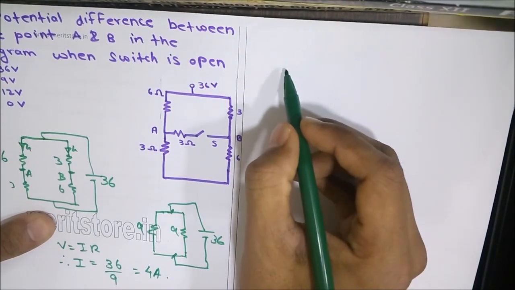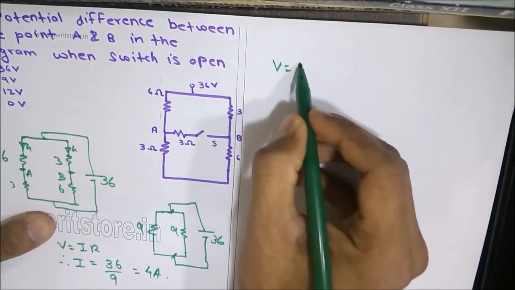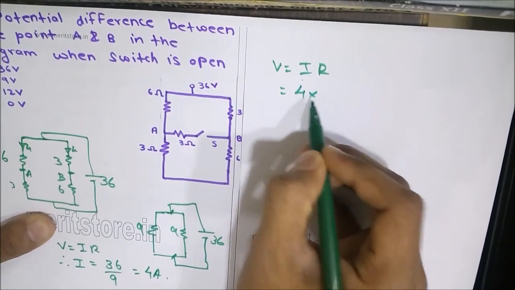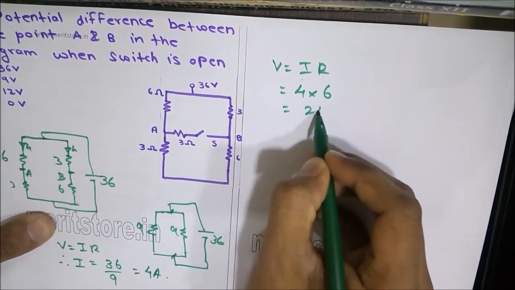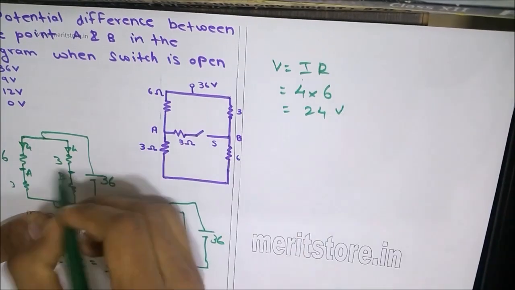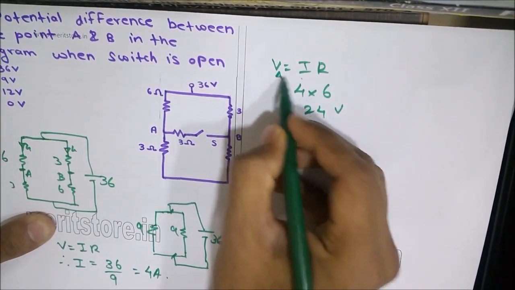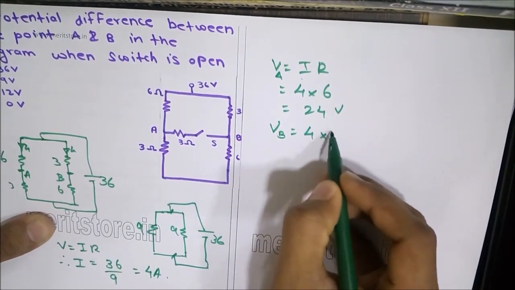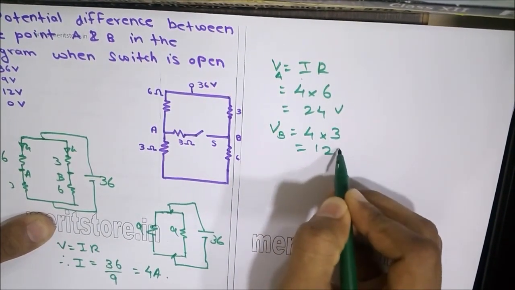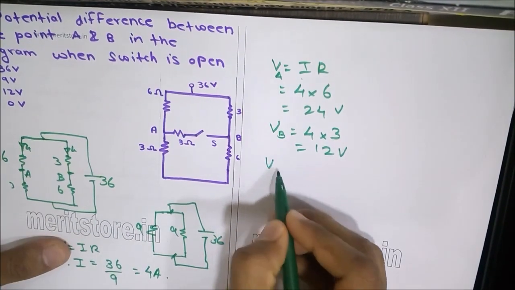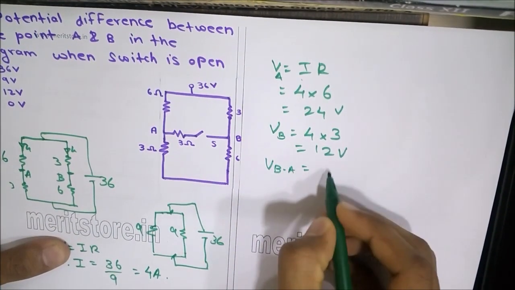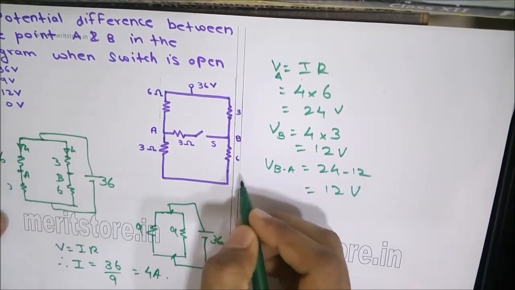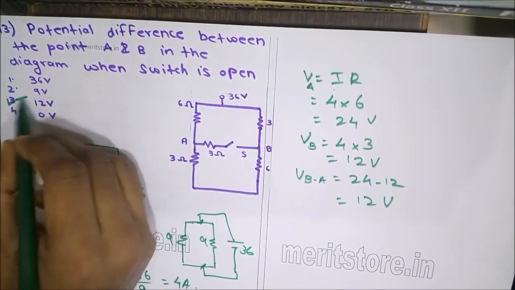So potential at A with respect to ground, V equals IR, that is 4 amperes into 6 is 24 volts. Similarly at B, we get 4 into 3, which is 12 volts. So potential difference across AB is 24 minus 12, which is 12 volts. So option number 3 is the correct answer.